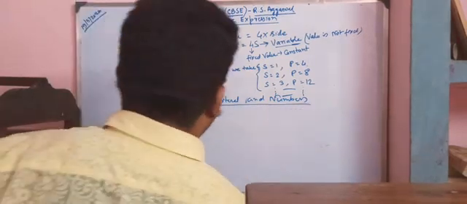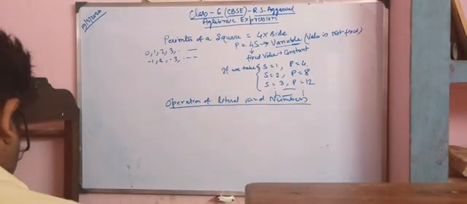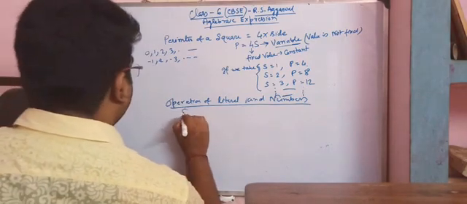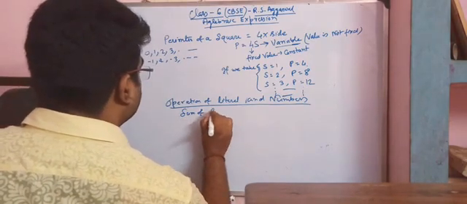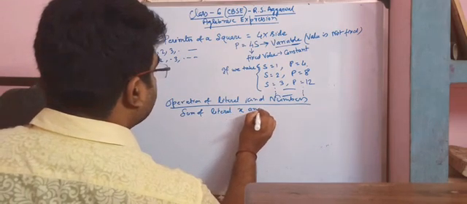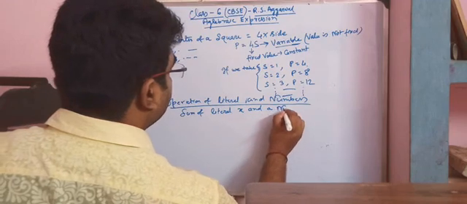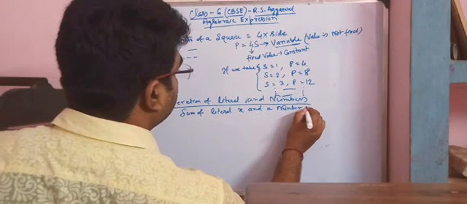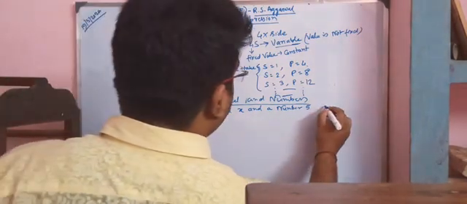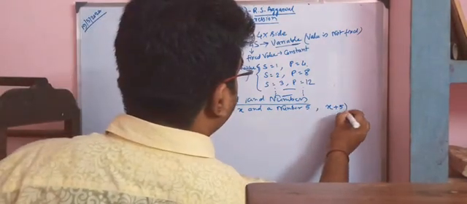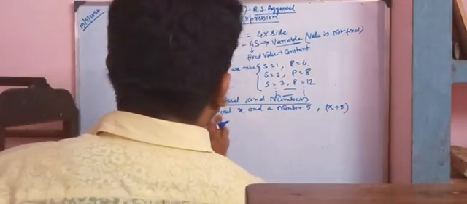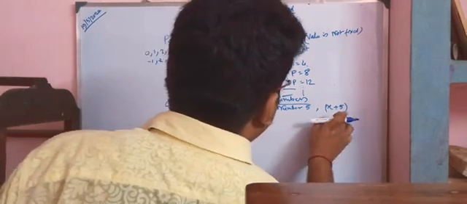Here, if we find the sum of the literal x and a number 5, how can we express it? We can express it as x plus 5. The sum of one literal and the number 5, where the literal is x and the number is 5.